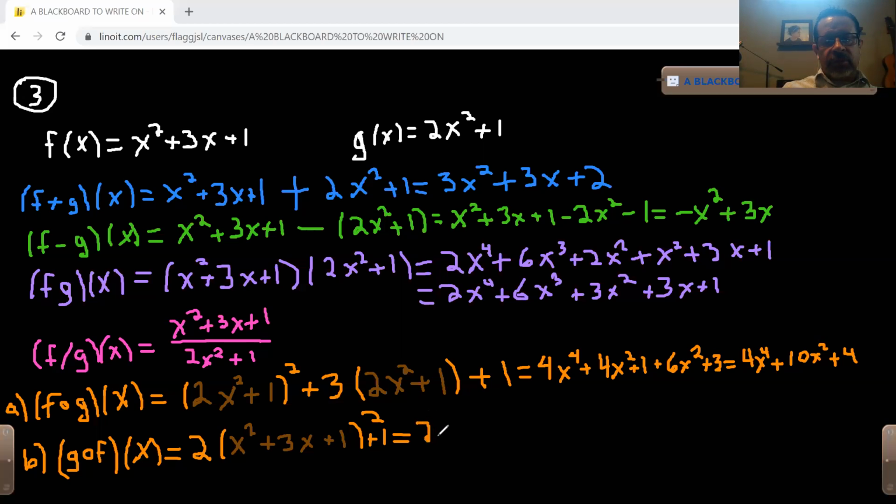I'm going to say 2x squared, and I'm just going to group the 3x plus 1 here, just so I can do the product a bit easier.